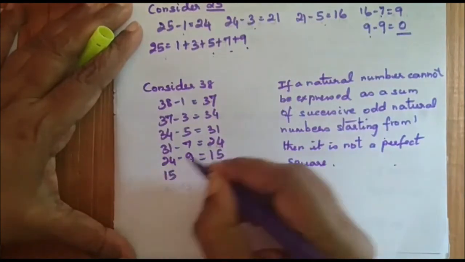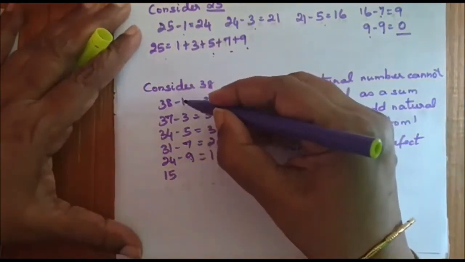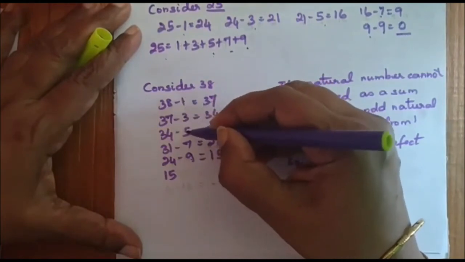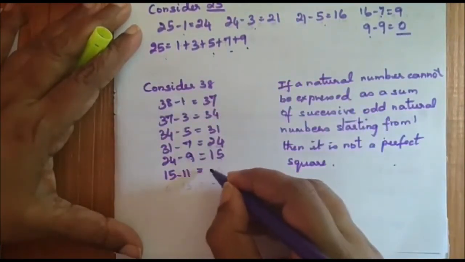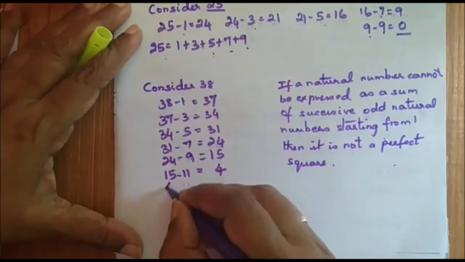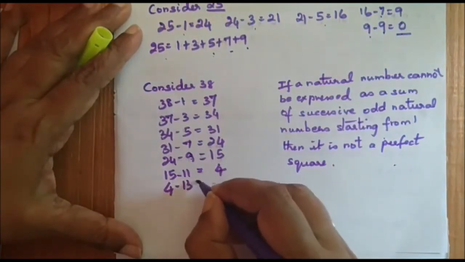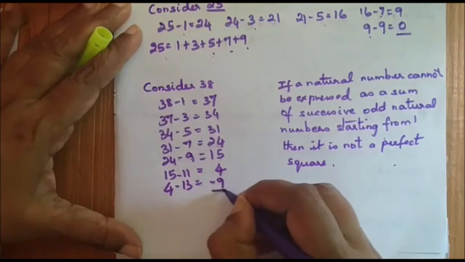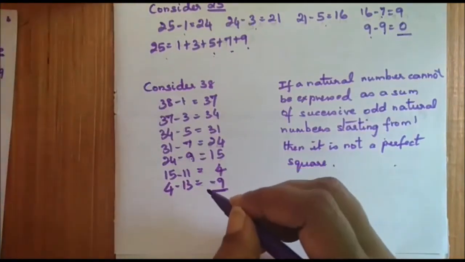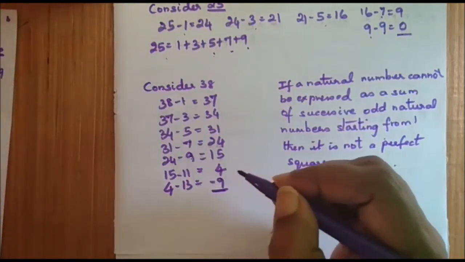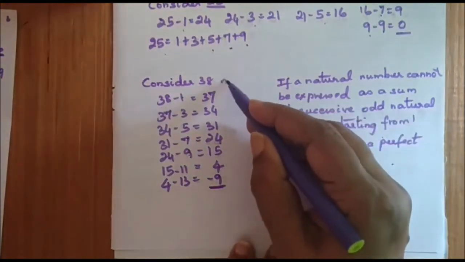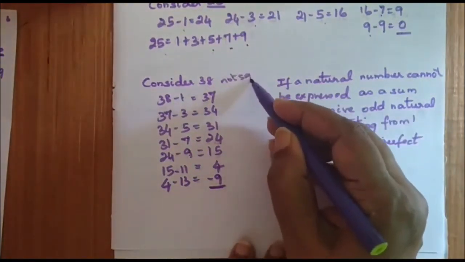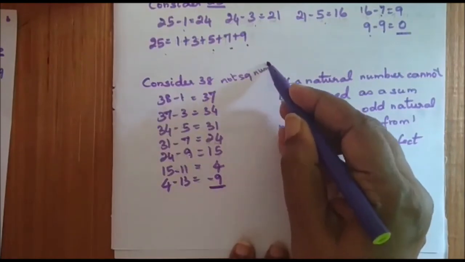Now I am going like this: 1, 3, 5, 7, 9, then 11. I hope you understood this. So now 15 minus 11 is 4, and 4 minus 13 is equal to minus 9. So I am not getting a 0. In the case of 38, I don't get a 0. So 38 is not a square number, or it is not a perfect square.